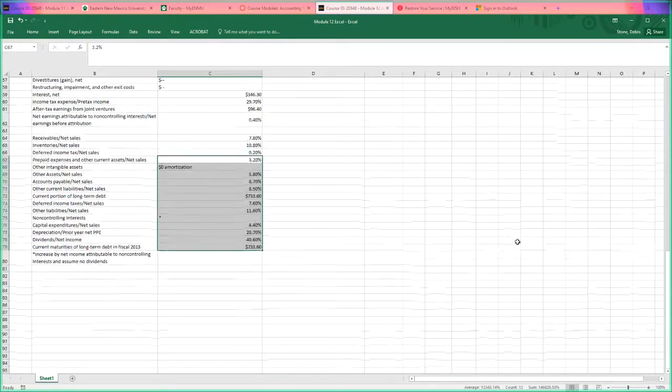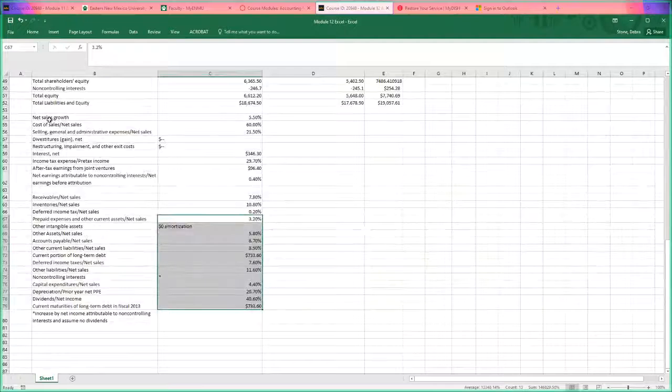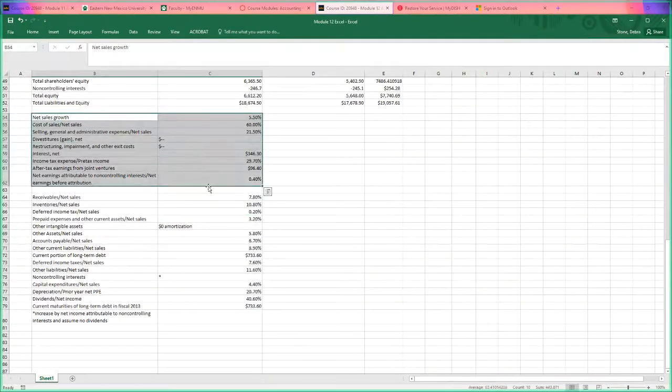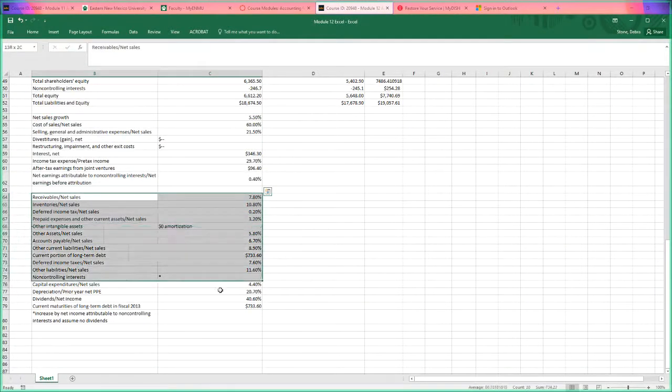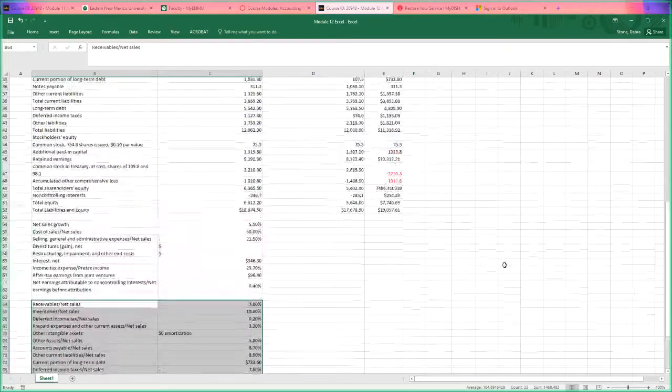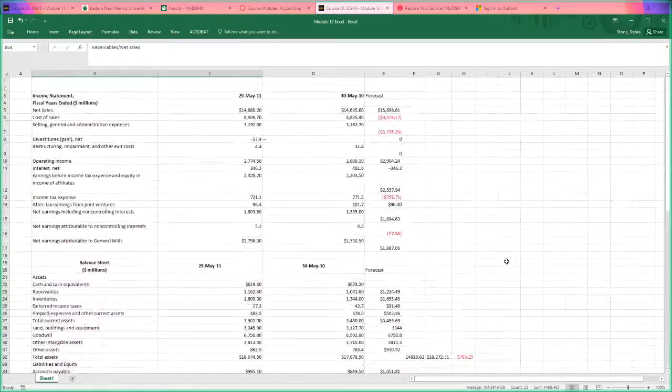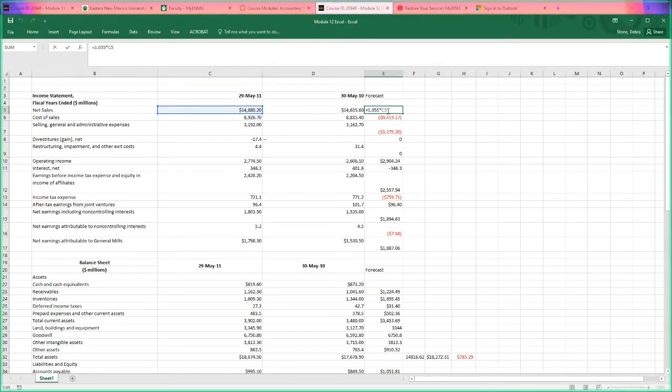So the top part is basically what you use for the income statement, and the bottom part is what you use for the balance sheet. Let me show you what I did. Here, the net sales, I had to forecast it, and what did I do? I took the percentage that they gave us, the one they said it increased 5.5%.